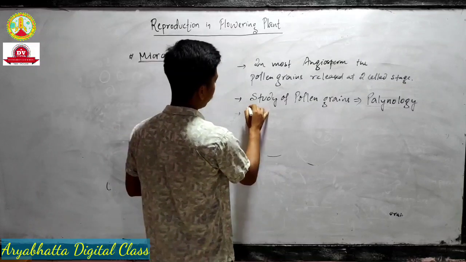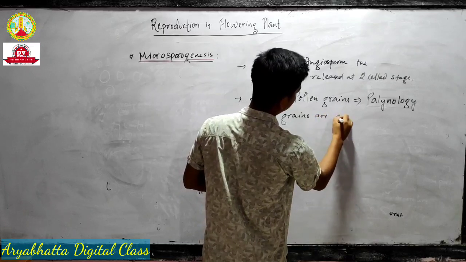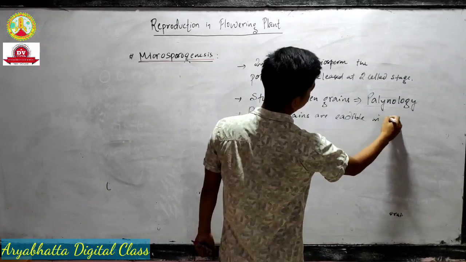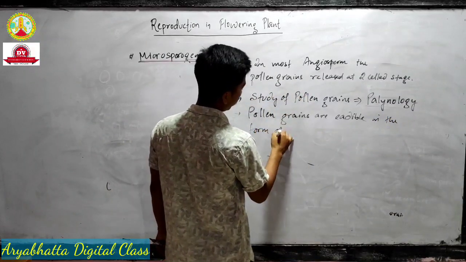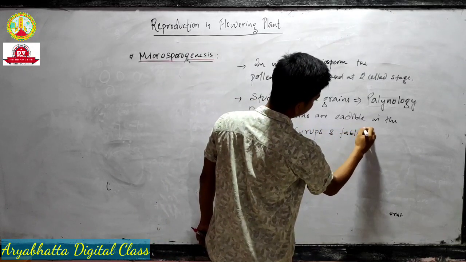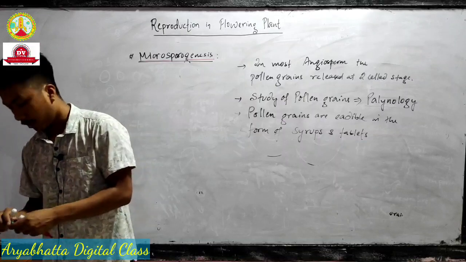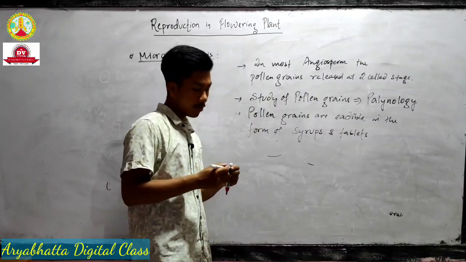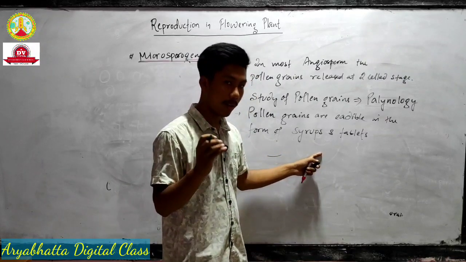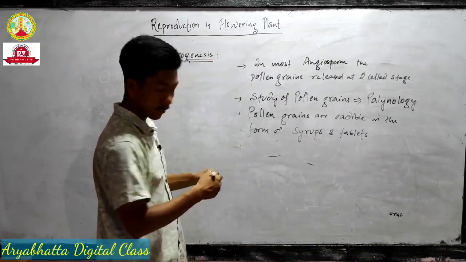Write by yourself: pollen grains are edible in the form of syrups and tablets. Okay, huge amount of nutrition it provides. It is a nutrient-rich supplement, given to the children and athletes. Okay, write by yourself.